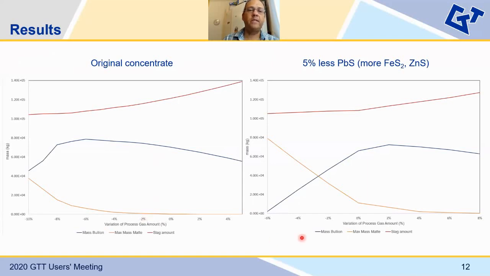We should now substitute the original concentrate by a concentrate which is purer in lead sulfide. It seems that the curves are being shifted to the right, and we would like to understand what is happening in this situation.